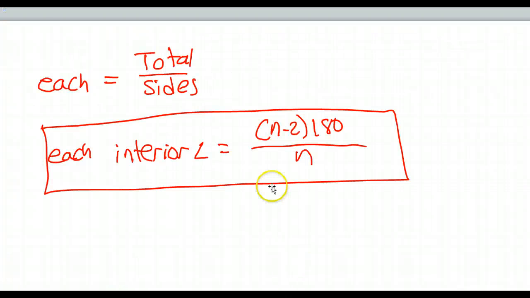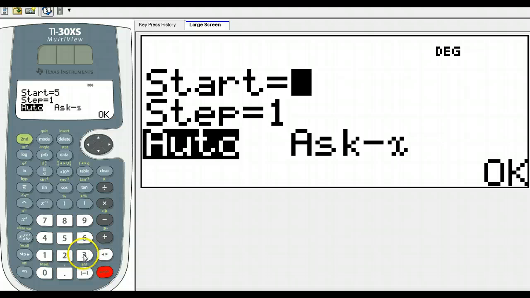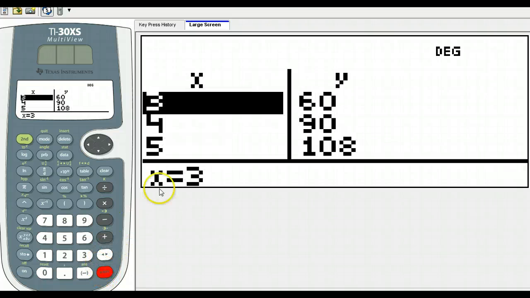Now remember, this is just the formula for each interior angle. So if I put this in my calculator, all of the y values should be single angles. And of course x is just like n, it's the number of sides. If I start off at 3 because that's the smallest polygon, there we go. A three-sided shape, a triangle, each angle is 60.